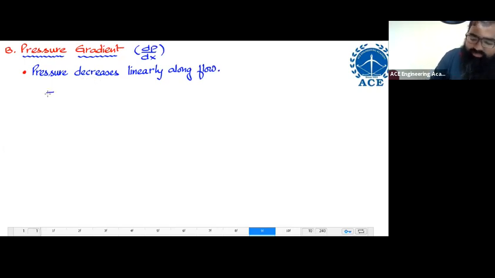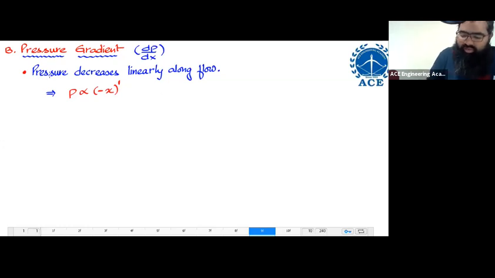Now this implies that the value of pressure should be proportional to, look, whenever we say decrease, we are supposed to write minus x. Furthermore, linearly means the power over here should be 1.